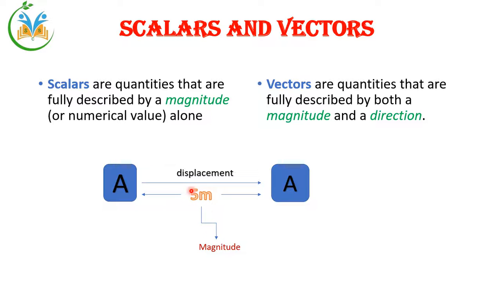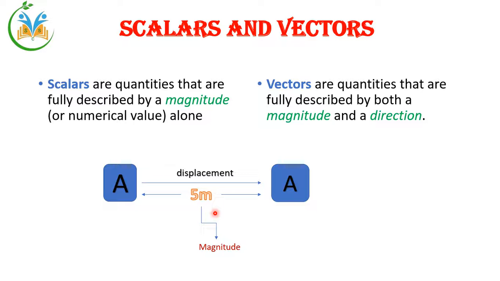Okay, because as per the description, scalar quantities are described by magnitude or numerical value. So this 5 is a numerical value, right? So 5 is a numerical value, so this is a magnitude.